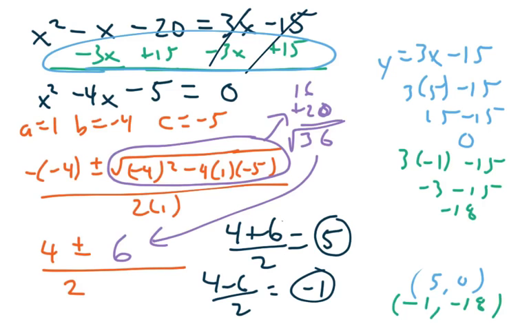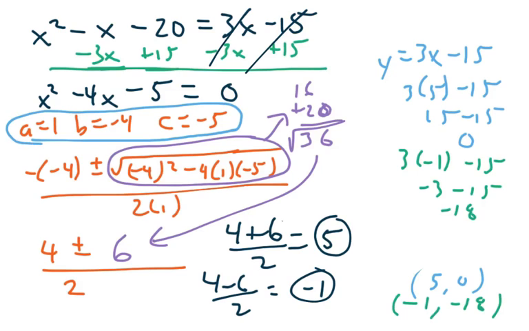I went ahead to make it equal 0. I minus the 3x. I added the 15, correct? And then I solved right here using the quadratic formula. Again, if you can factor though, guys, if you can factor, you can get the answers much quicker. Okay? But that's another video.